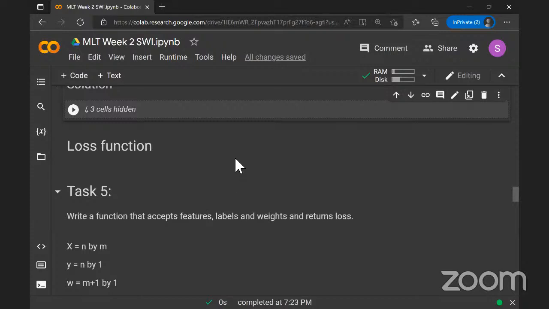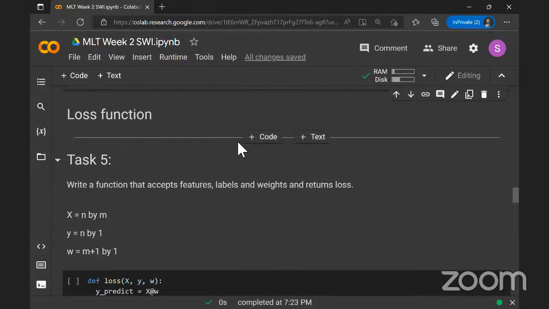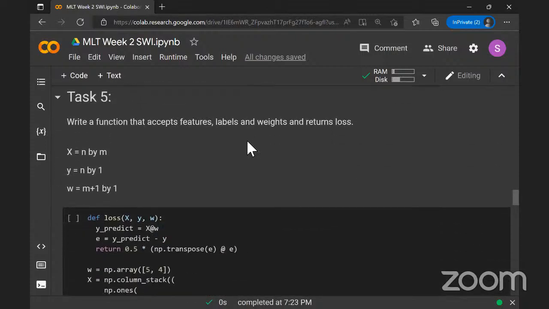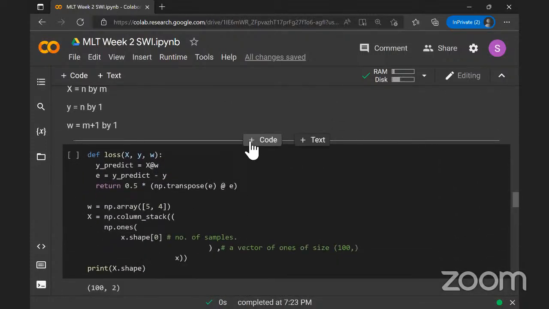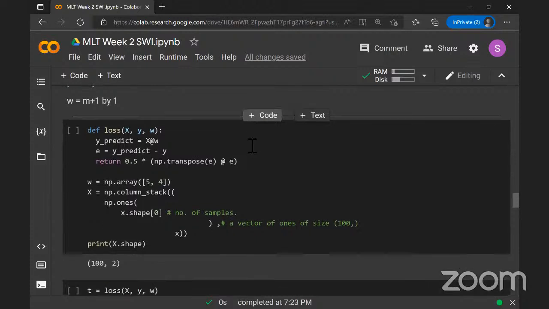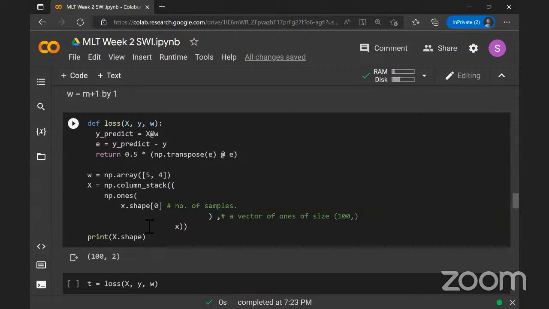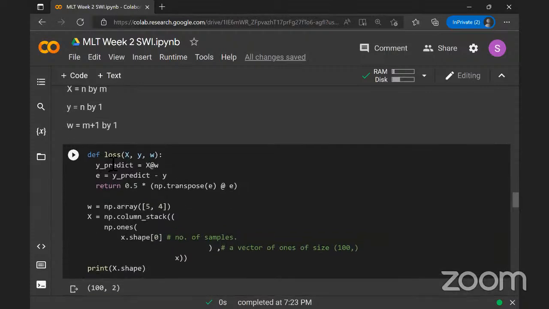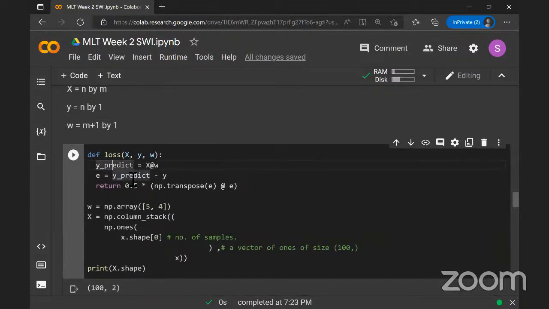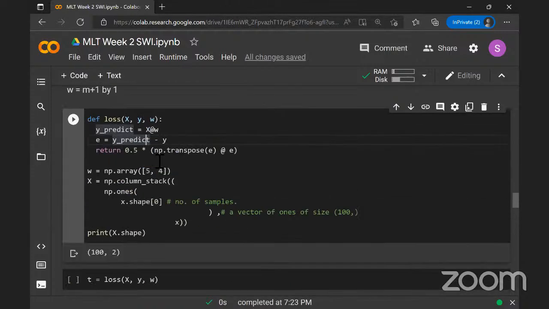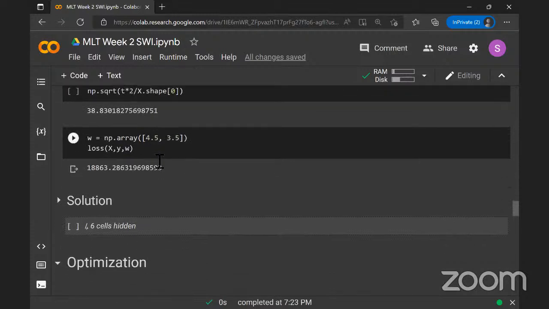I think this is also what we have already done, right? Yes, I think loss is going to be y predict minus y. Fantastic, so we have done this one also. Let's move forward.